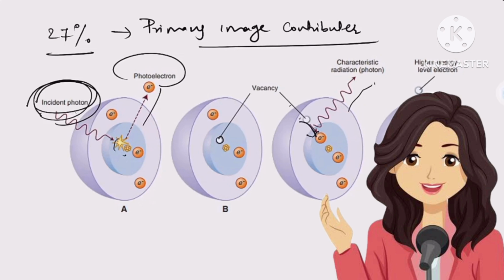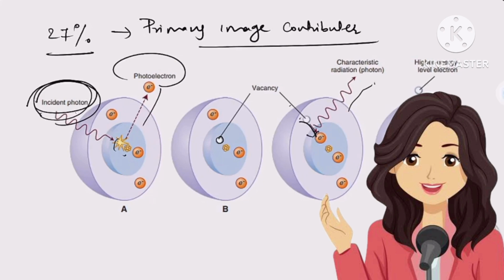All right. 27% is this interaction, photoelectric absorption, and it participates. This is the primary image contributor. This depends on the probability of photons getting absorbed, which depends on the atomic number.